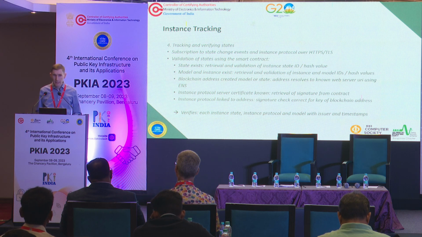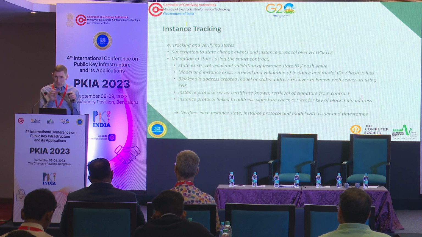So here it comes into play what I mentioned, that we want to verify the linkage between the web URL where we find the protocol and the states, and the blockchain registration in the smart contract, and the ENS domain entry. And these will be all matched. Again, this is detailed in the paper, the steps for that. And we can now have a bidirectional binding between the web resource and what is on the blockchain.